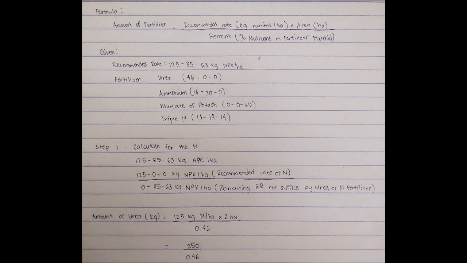I will convert 46% to decimal, which will be 0.46. 125 kg nitrogen per hectare multiplied by 2 hectares and divided by 0.46, which means I need to apply 543.5 kg of urea in the area so that it suffices the 125 kg nitrogen requirement per hectare.